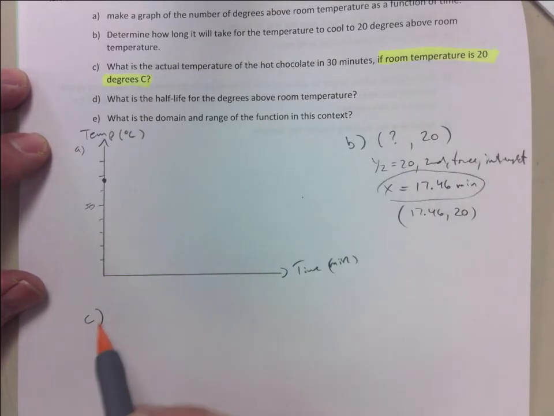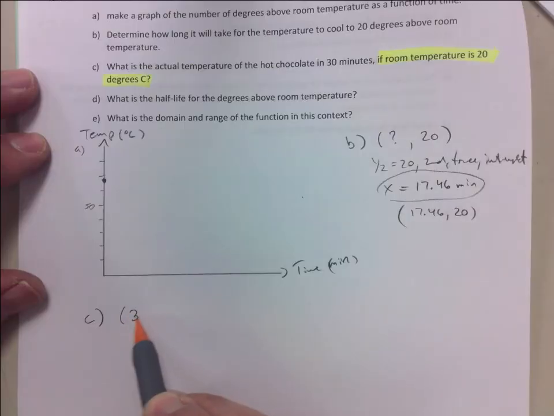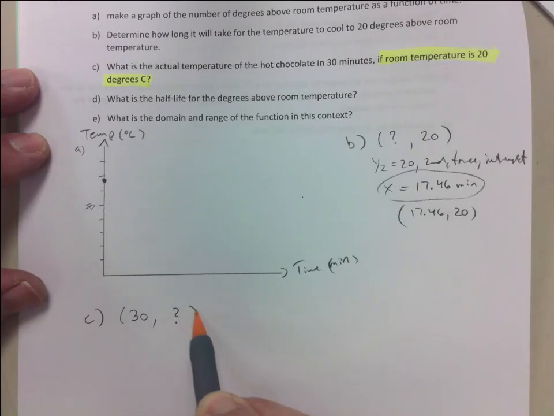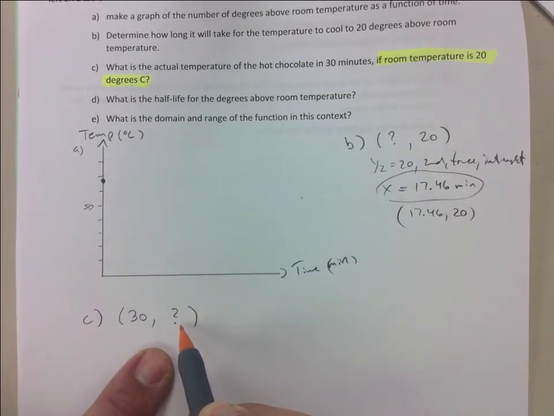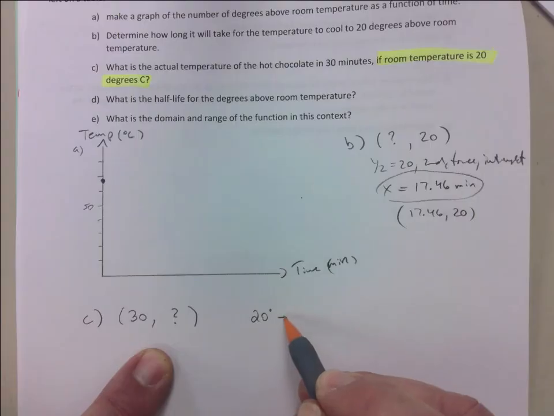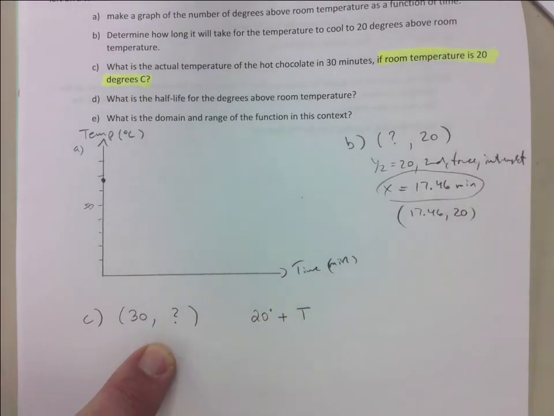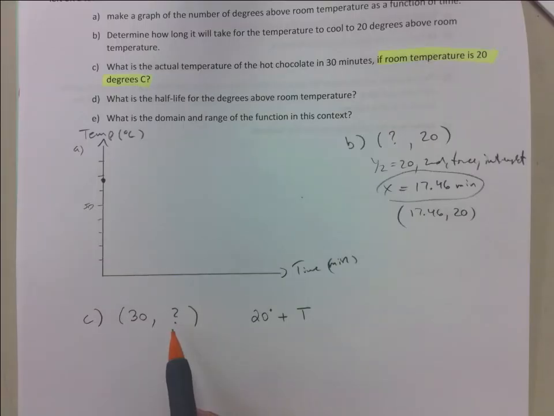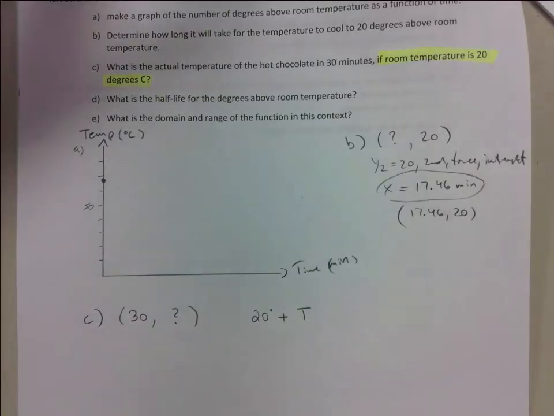So they're saying when 30 minutes have gone by, how many degrees above are we? That's step number 1. And then the second step will be 20 degrees plus whatever T is, right? Whatever we find this to be. That's the actual temperature of our hot chocolate, okay? So let's go ahead and find this.